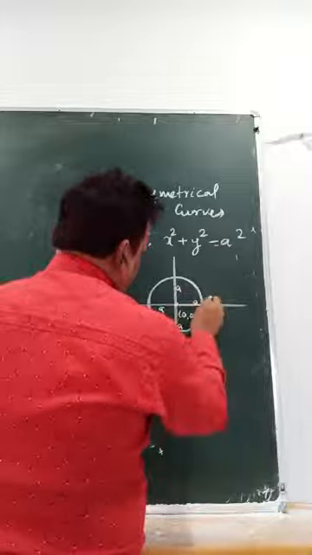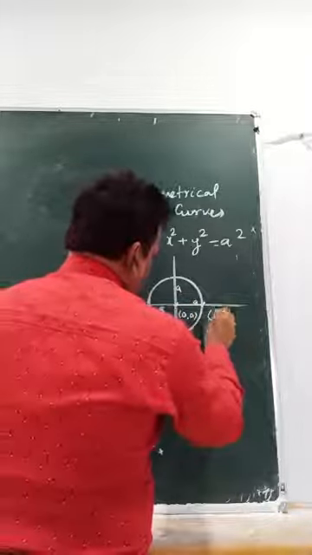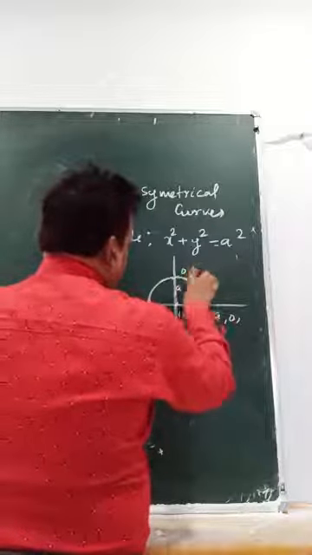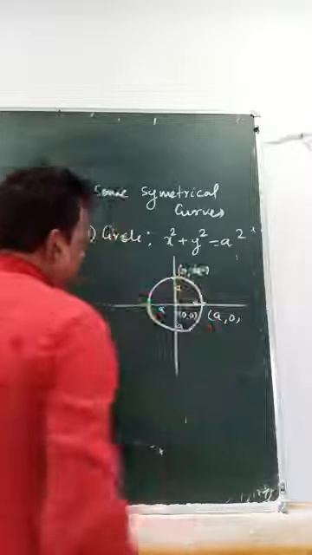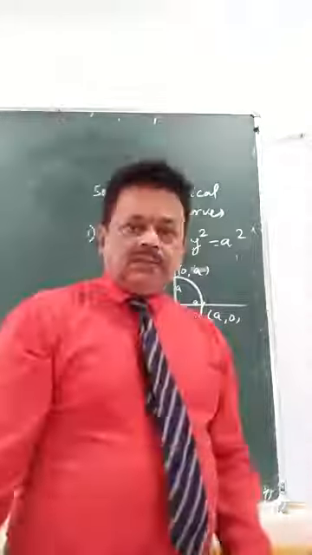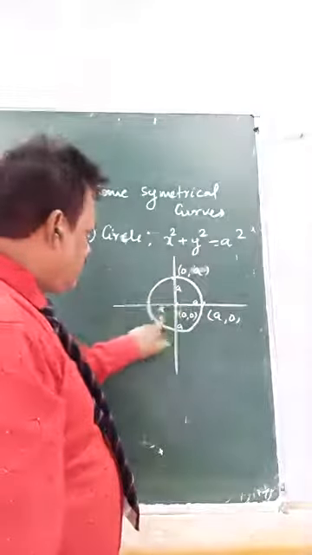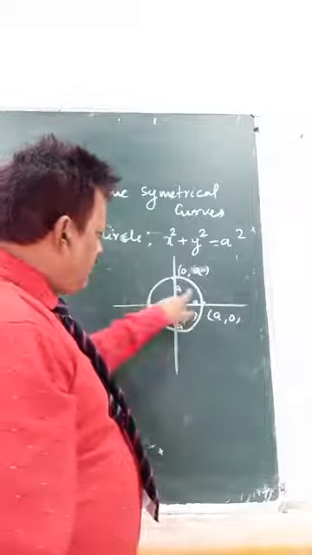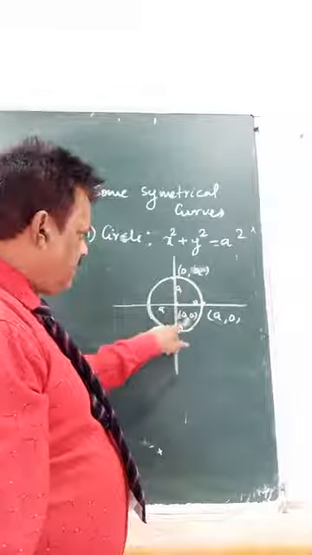That means this point will be (a, 0). This point will be (0, a). Symmetrical means this is divided into 4 equal parts. Now find the area for one part multiplied by 4.